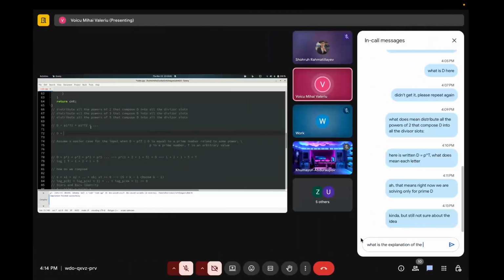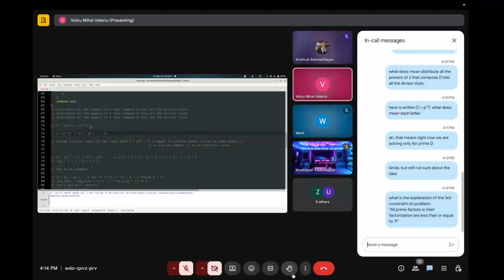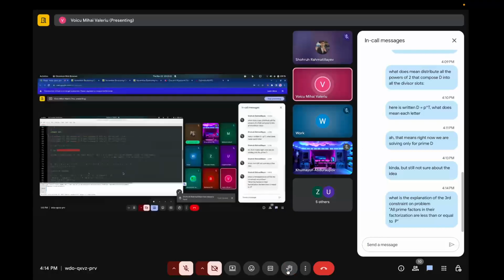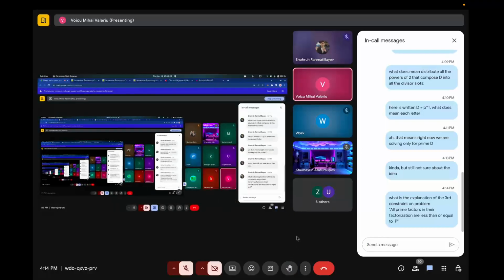That is, we first consider D prime equals P1 to the T1, and we create a solution for these numbers that might look like A1 times A2 times and so on, AK. These we know how to calculate because we've established its binomial coefficient in their factorization.